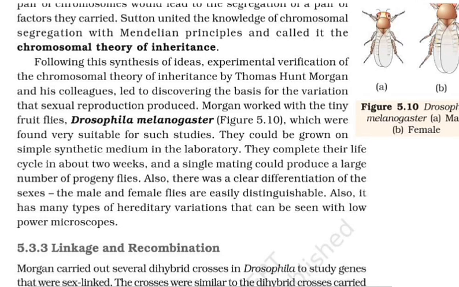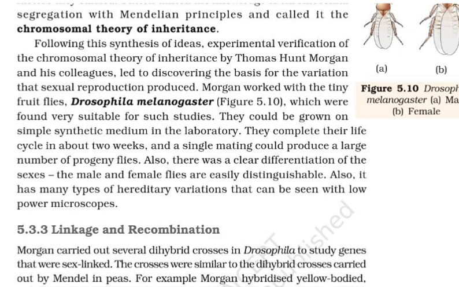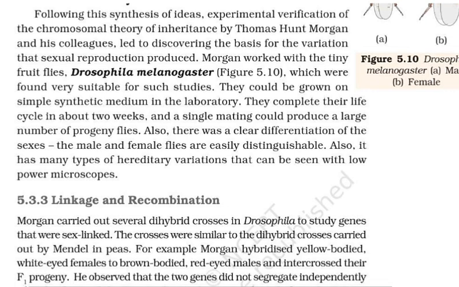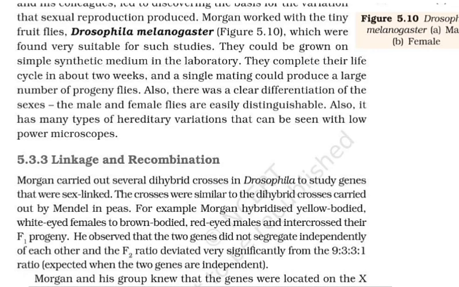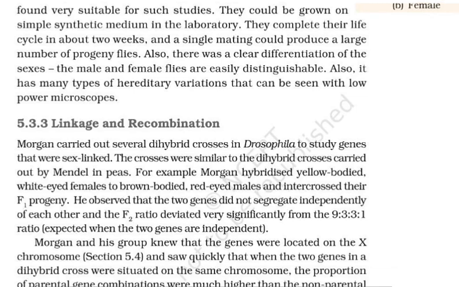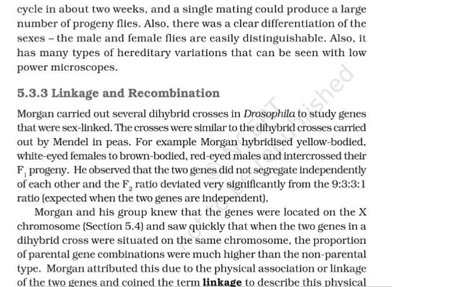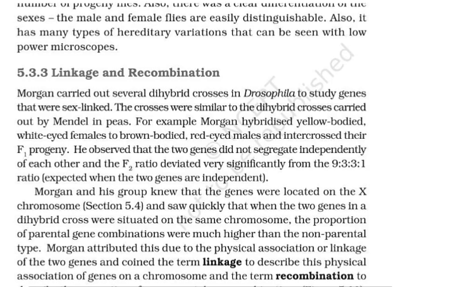In the first, they segregate at the time of gamete formation such that only one of each pair is transmitted to a gamete. In the second column, they segregate at gamete formation and only one of each pair is transmitted to a gamete. Here column A is for chromosomes and column B is for genes. So chromosomes occur in pairs and genes also occur in pairs. Chromosomes segregate at the time of gamete formation such that only one of each pair is transmitted to a gamete, and genes segregate at gamete formation and only one of each pair is transmitted to a gamete.